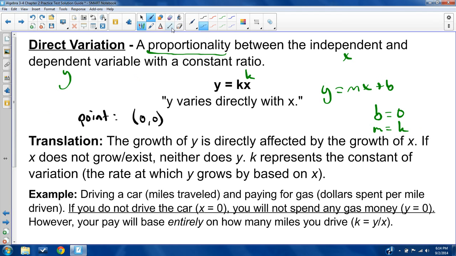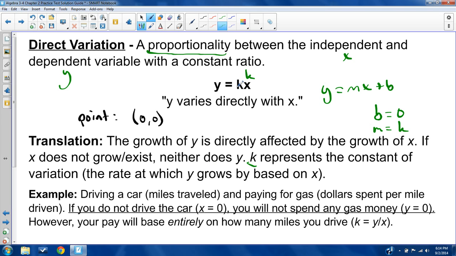Literally, all that stuff. y varies directly with x. All that means is the growth of y is directly affected by the growth of x. Directly affected. If x does not grow or does not exist, neither does y. So if x is 0, then y is 0. There's always going to be this point in direct variation. Plug in 0 for x, you get 0 for y. k represents the constant of variation, the rate at which y grows based on x.